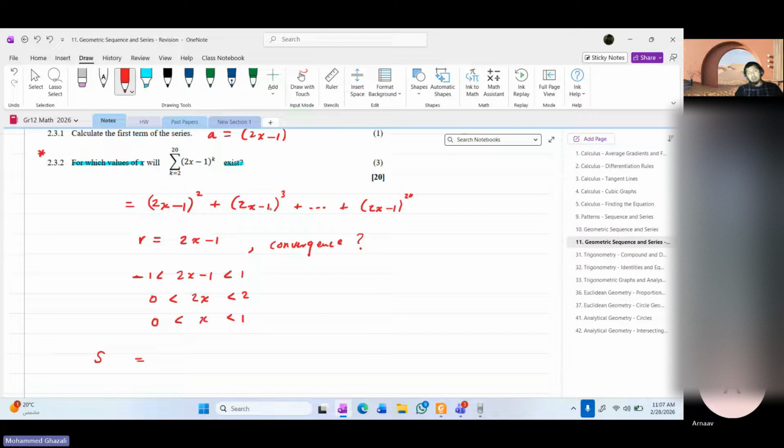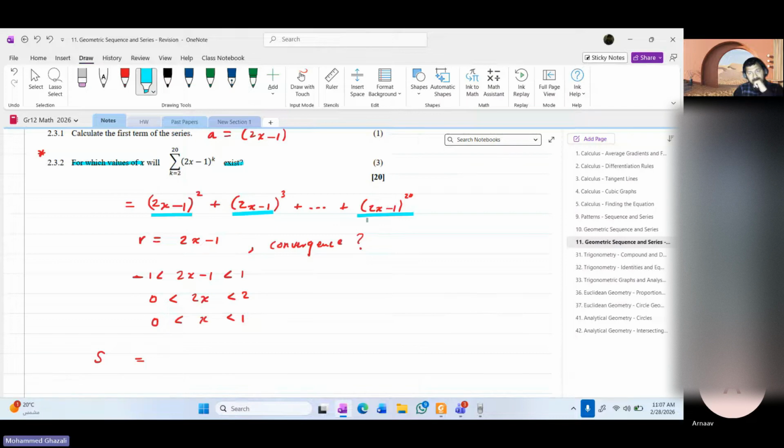This is linear. These are all polynomial functions, so it can be any value of x. We don't have any denominators here, so it can't be undefined. If you're summing up all these terms, this is polynomial, that's polynomial, that's polynomial.